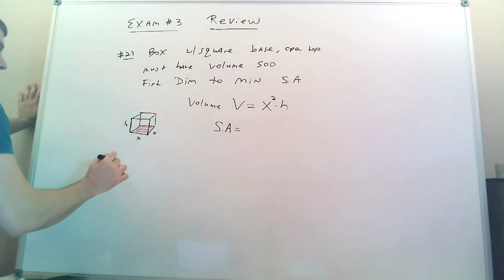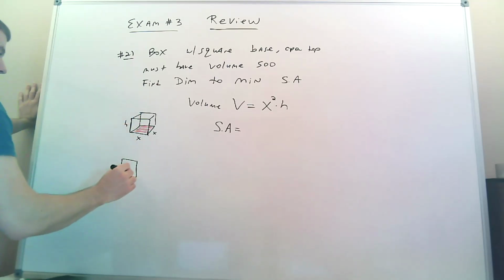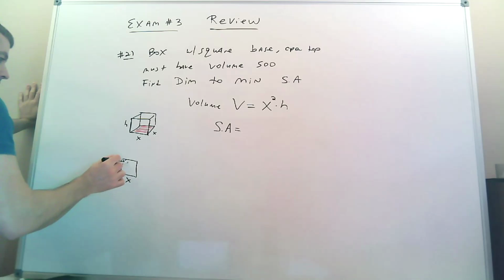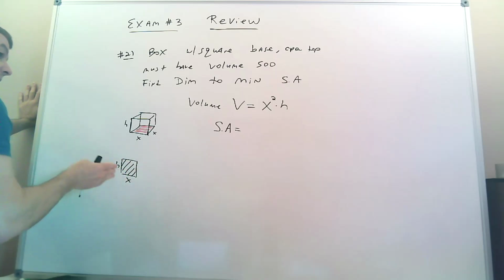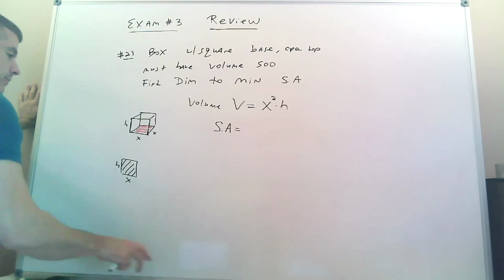Each of those sides is a surface. Like if this is the front, right? That side, that is the front. That's one of the 4 sides. The area of that, well, it's not a square, but it's a rectangle. But that surface has area because it's flat, right? The sides of the box are flat. So it's XH, right?